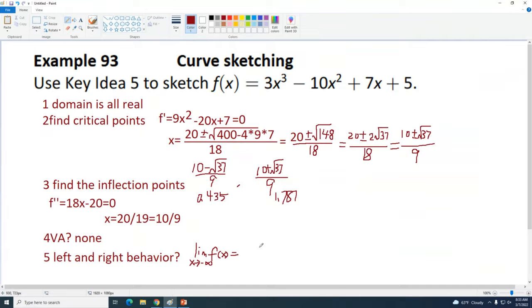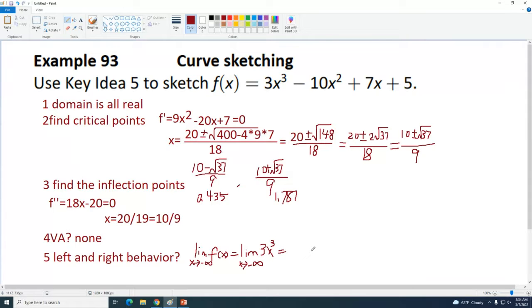If you have a polynomial, its behavior at infinity is determined by the highest degree term. So even though you have a big polynomial, this is the only thing that matters as far as infinity or the left and right. It's 3x cubed. That's the one we're looking for. X goes to negative infinity, and we're looking for this limit.